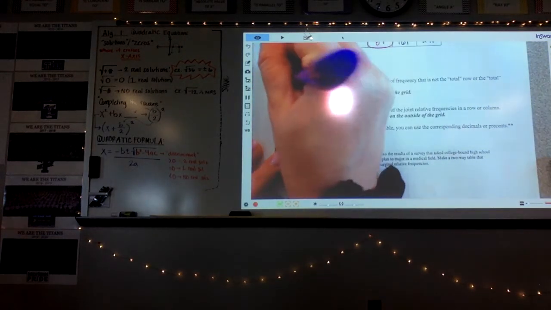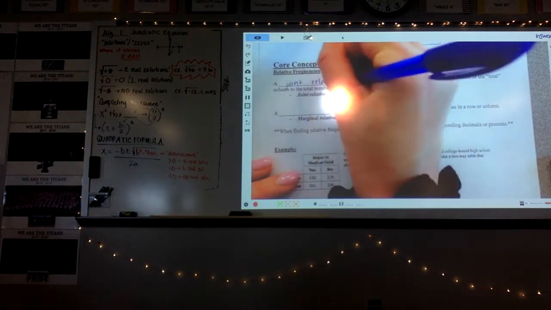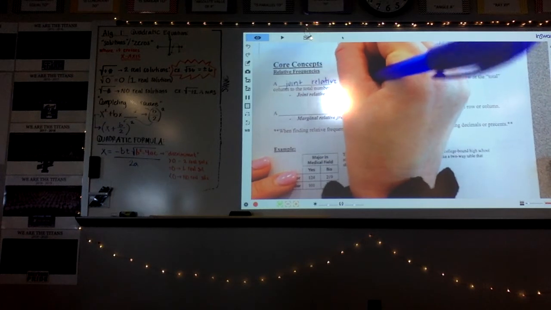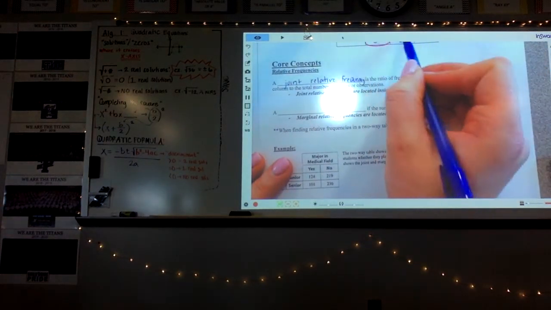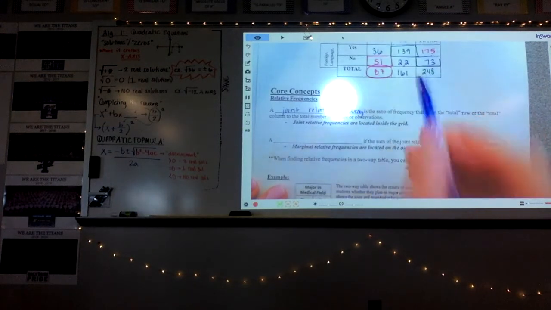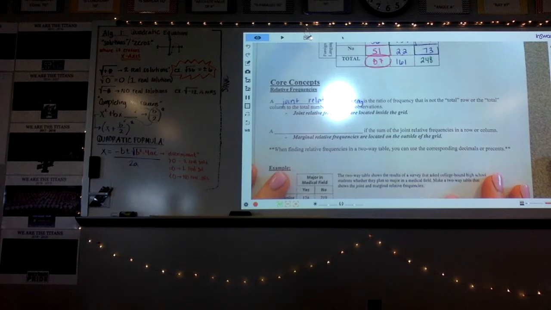A joint relative frequency is you comparing the individual joint frequency to the total number of people surveyed, like the example I just gave.